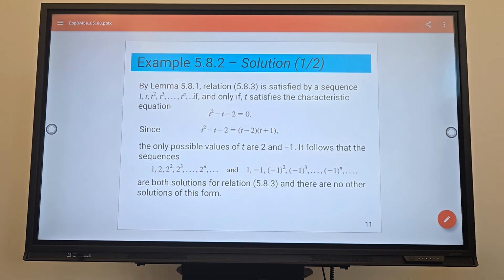It follows that the sequences 1, 2, 2 squared, 2 to the n, etc., and 1, minus 1, minus 1 squared, minus 1 cubed, etc., are both solutions for the relation. And there are no other solutions of this form.